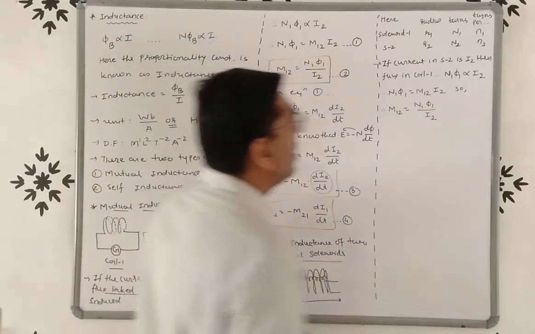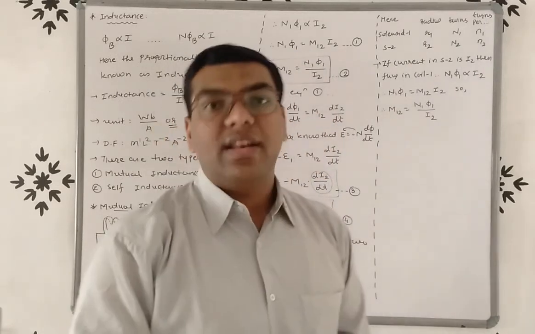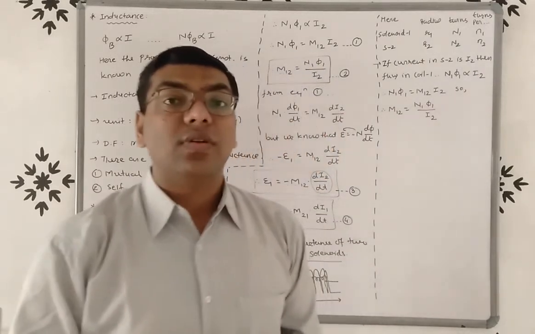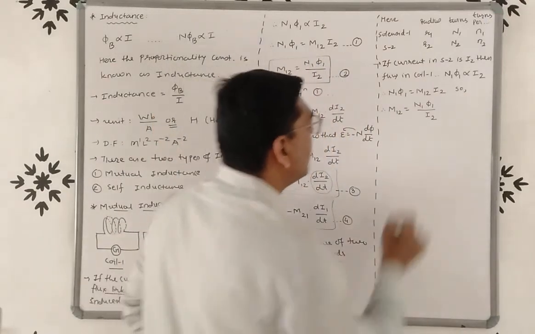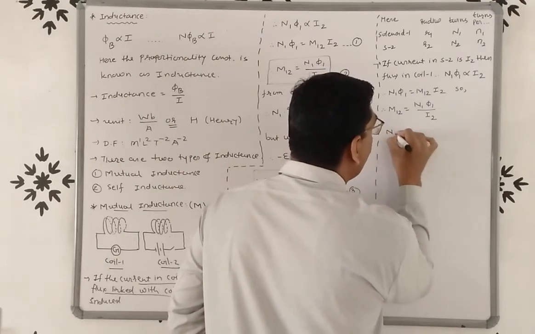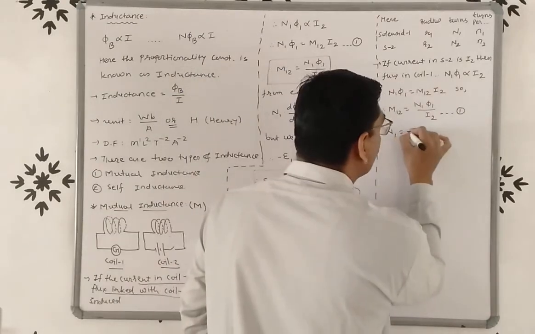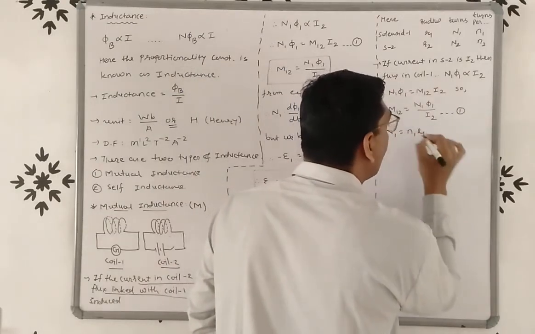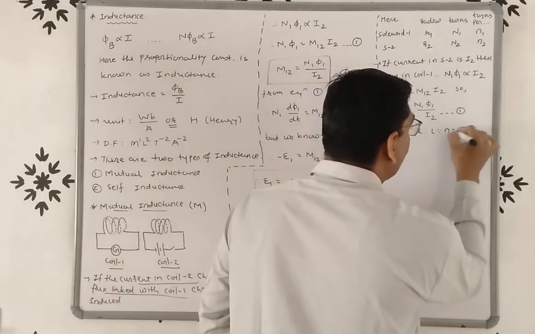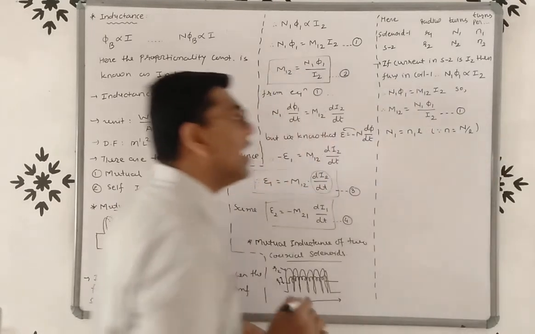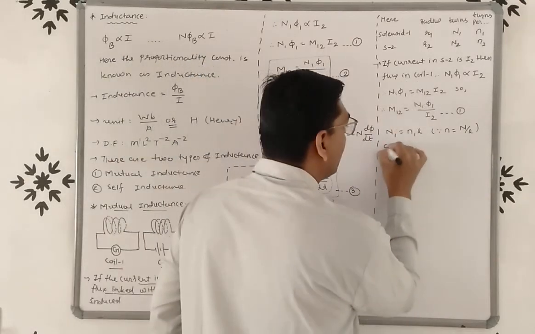Now we know that the number of turns per unit length, small n, is equal to capital N upon L. This is equation number 1. So capital N1 is equal to small n1 into L, because the length is the same.